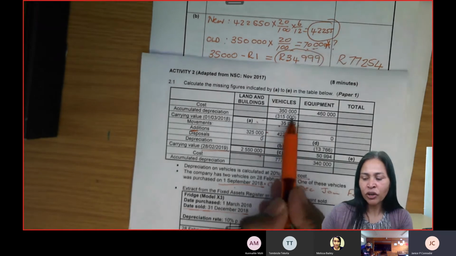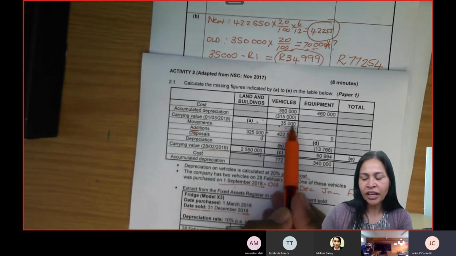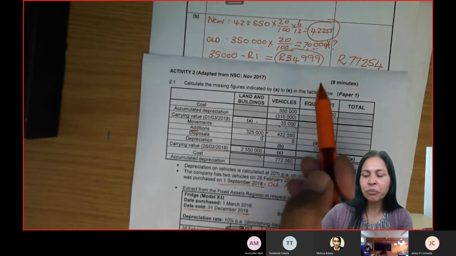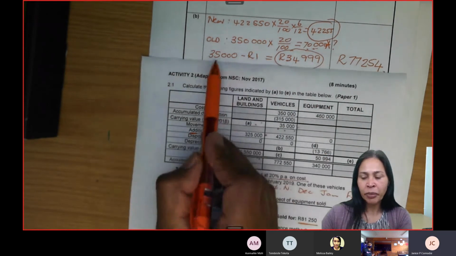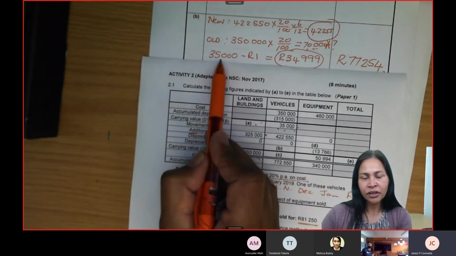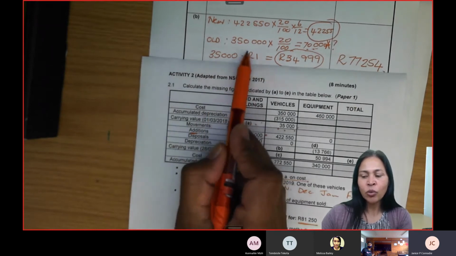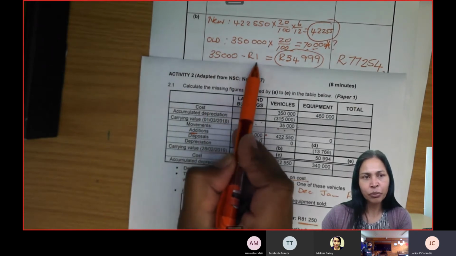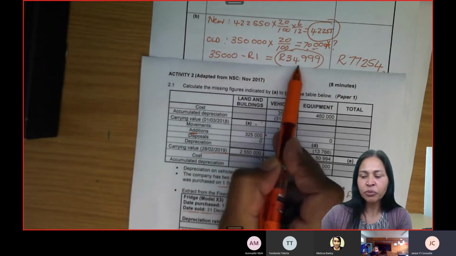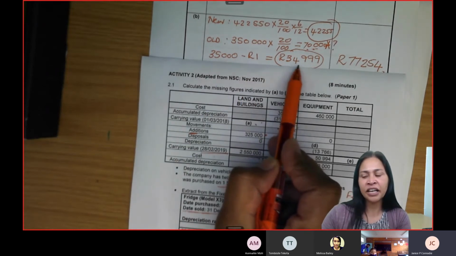So if this is my last value, this is what it's worth, I need to at least keep R1 aside to show it as my carrying value. So how much can I write off? That means the maximum that I can write off would be my carrying value given at the beginning minus the R1 that must remain in my books, which gives me how much I'm allowed to write off: 34,999. Are we clear on that one?